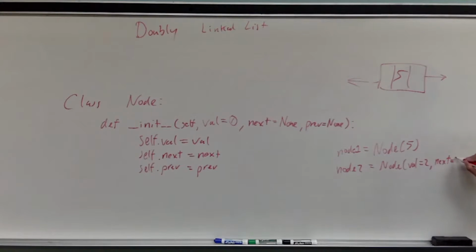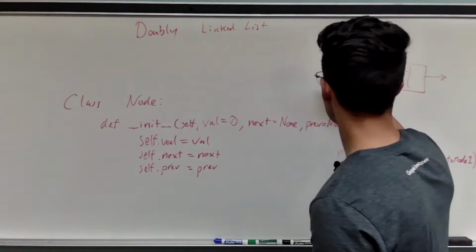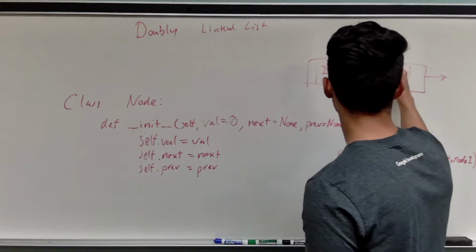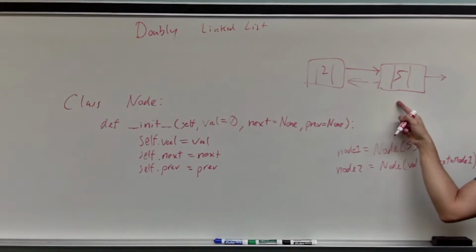And I'm going to put next equals node 1. So what does this one do? It makes node 2 connect to node 1 as the next. But the previous of 5 is disconnected. So the next is this one.